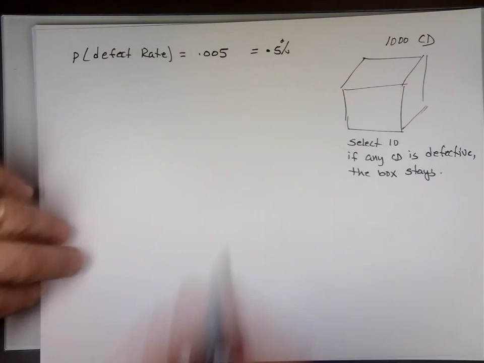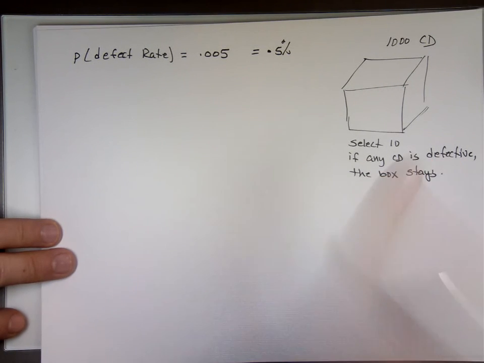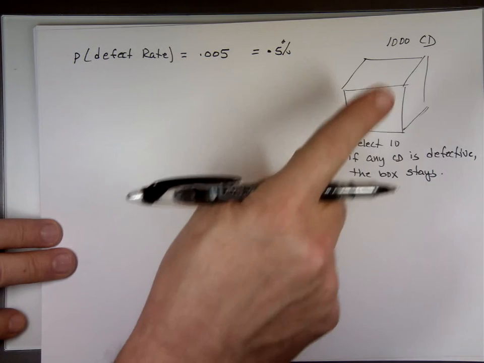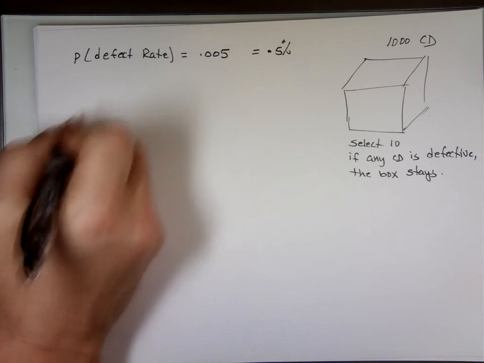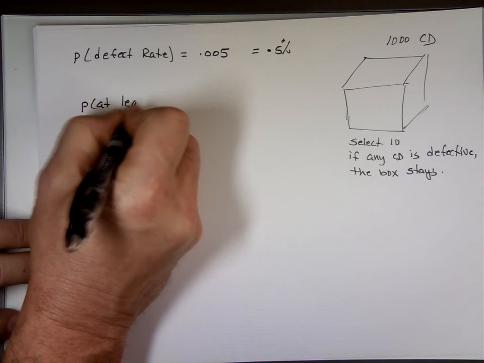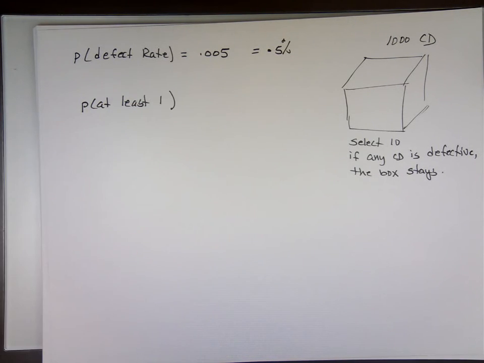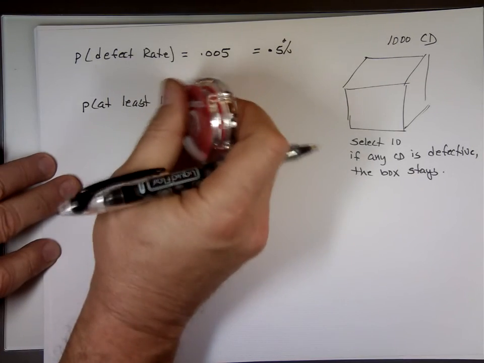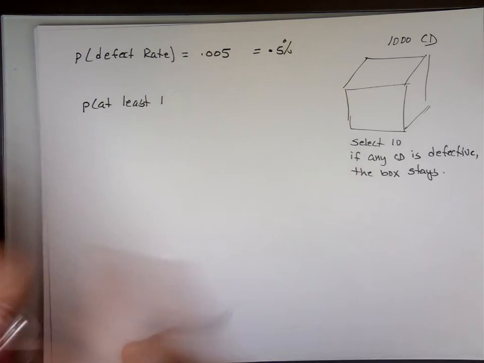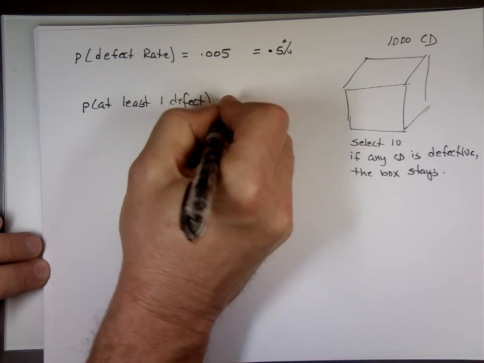If at least one CD is defective, that box is not going out. So what's the chance this box will not go out? Of at least one defect. It's 1 minus the probability of none.